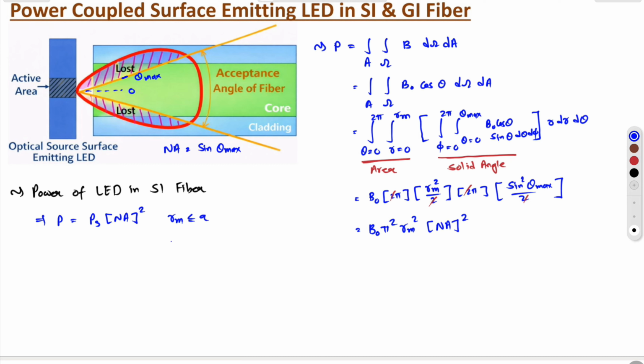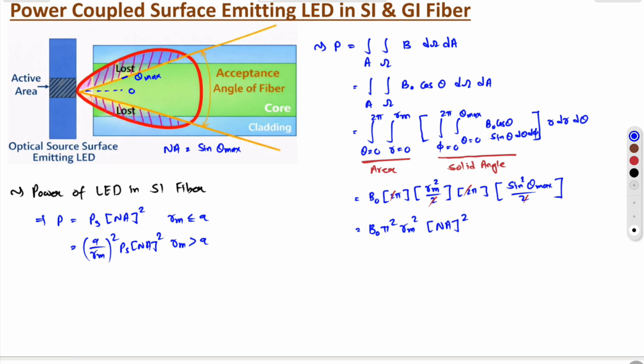If you have Rm which is greater than radius of core, in that case, this equation will be slightly different. Here you will have to multiply A divided by Rm square along with this, that is PS into numerical aperture square, right? So that is how one can calculate power of LED inside step index fiber.